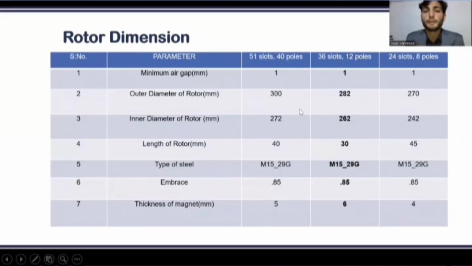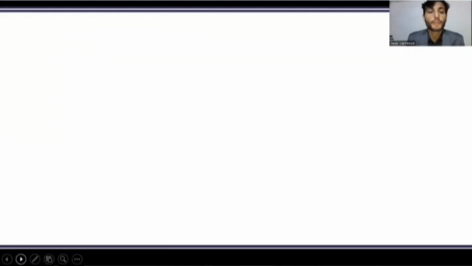The maximum radial length among the three models is 300 millimeter, and the minimum radial length is 270 millimeter. Thickness of the magnet plays an important role in the motor output parameters, so we varied it as well.